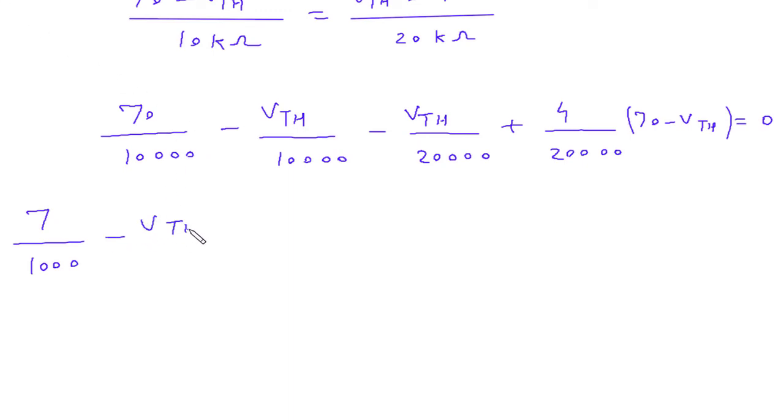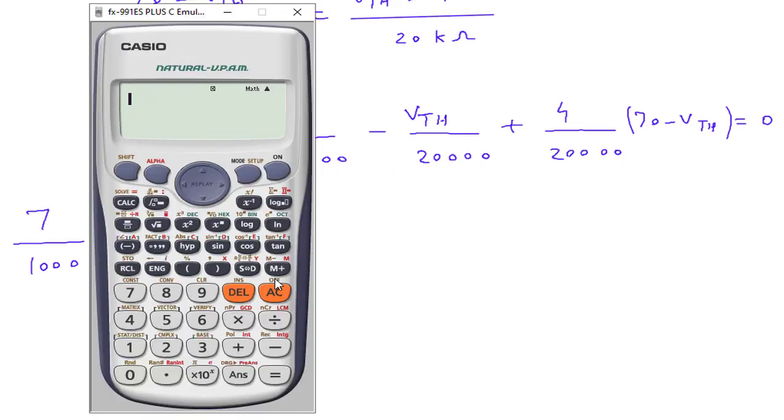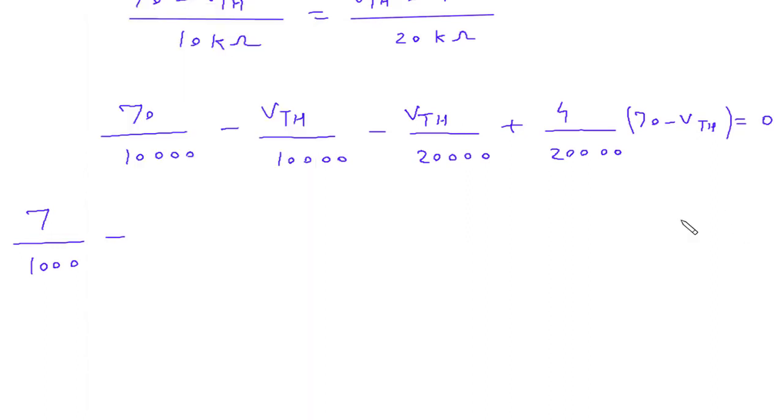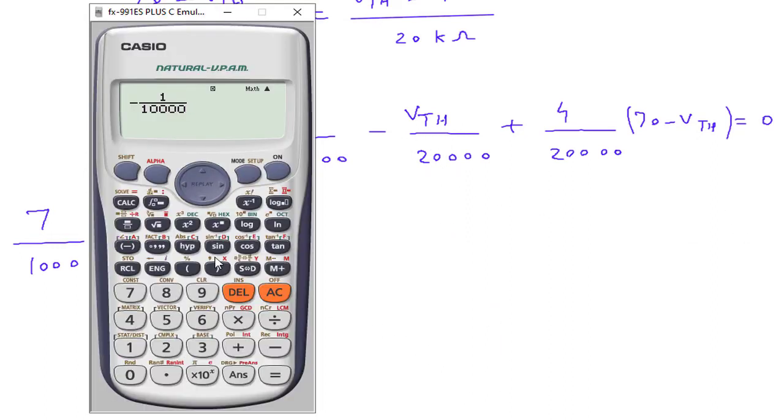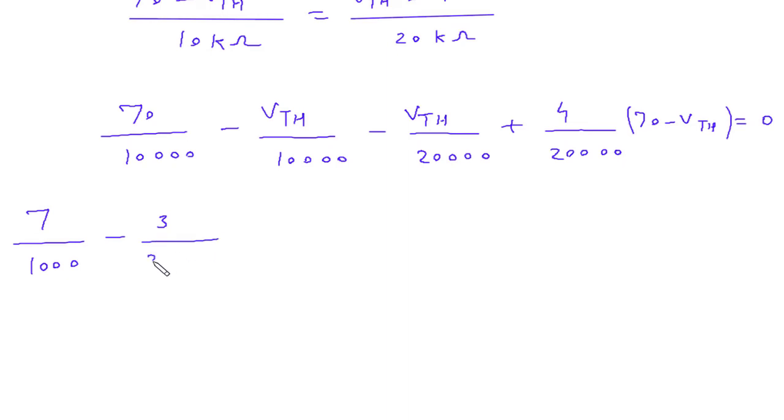Minus VTH by 10,000, then minus VTH by 20,000, so minus 3 by 20,000 VTH, plus 4 into 70 by 20,000.